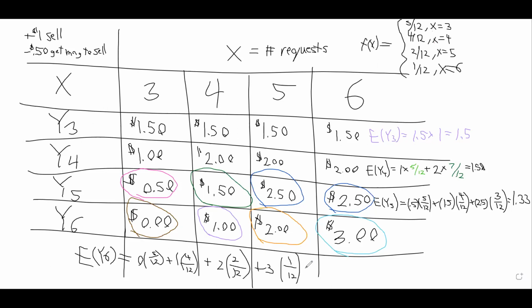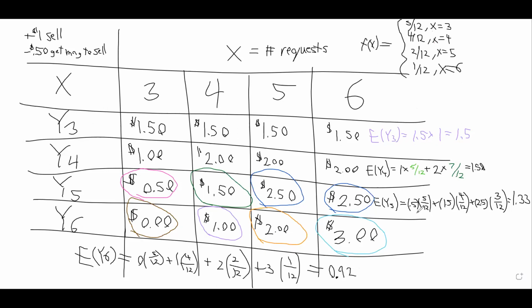So you have that. So you add up those products, and as a decimal, you get 0.92. Okay, so the E of y sub 6 is 0.92.